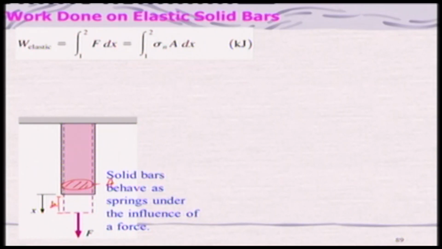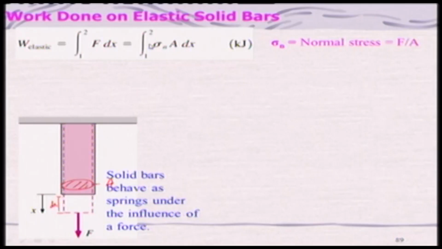And the force can be expressed in terms of the normal stress, because when this force is applied, the material resists and develops a stress. This force is perpendicular to the cross-sectional area of the bar, so this is the normal stress. You can integrate this and get the work done.